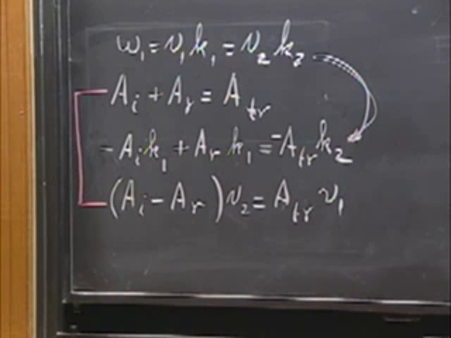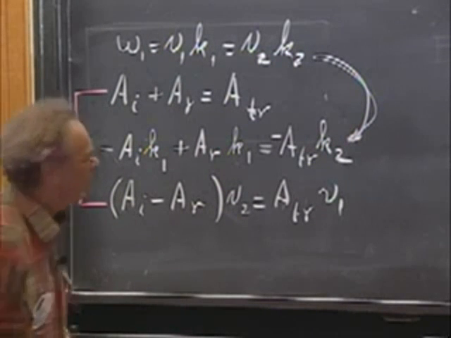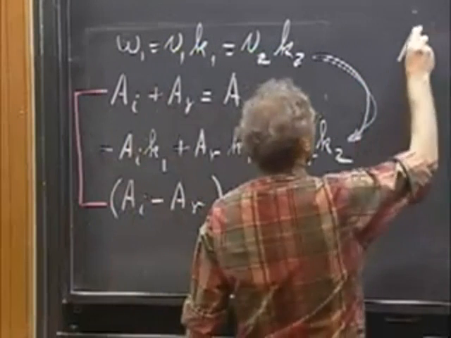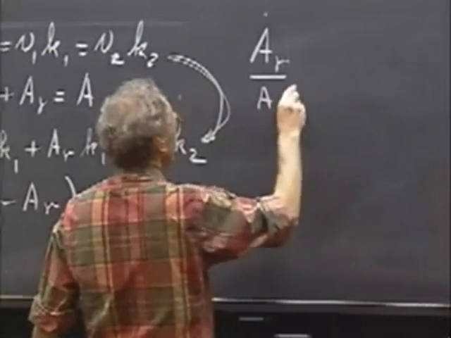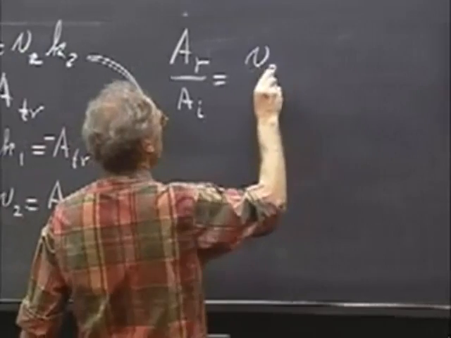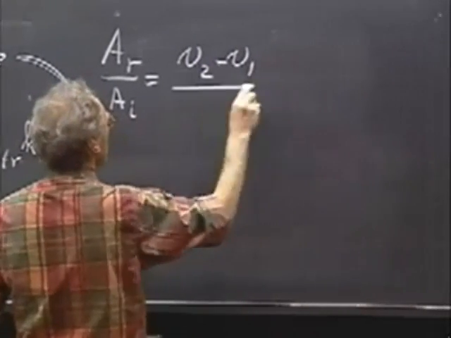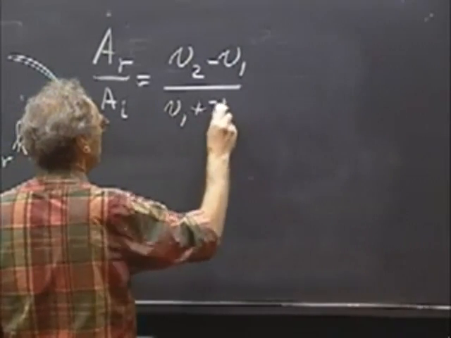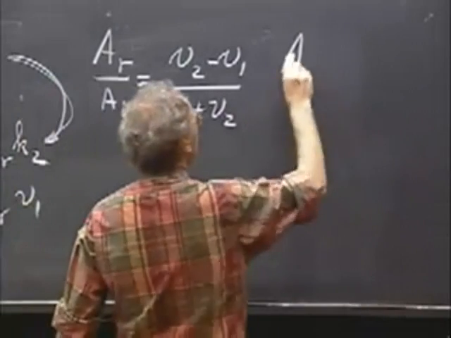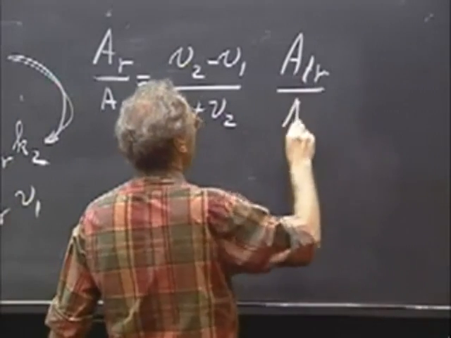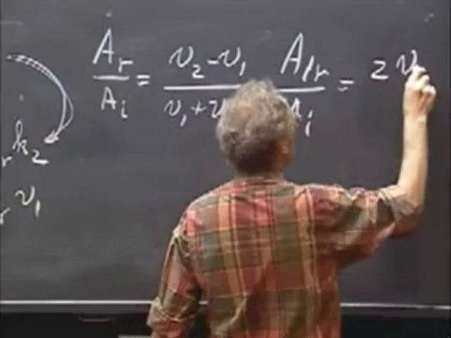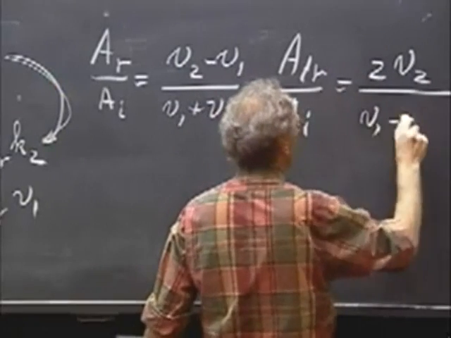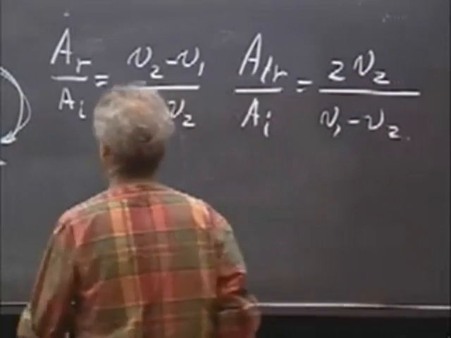And what comes out of that, this is also worked out in French, what comes out of that is that the reflected amplitude over the incident amplitude is V2 minus V1 divided by V1 plus V2, and A transmitted divided by amplitude of the incident one is 2V2 divided by V1 minus V2.